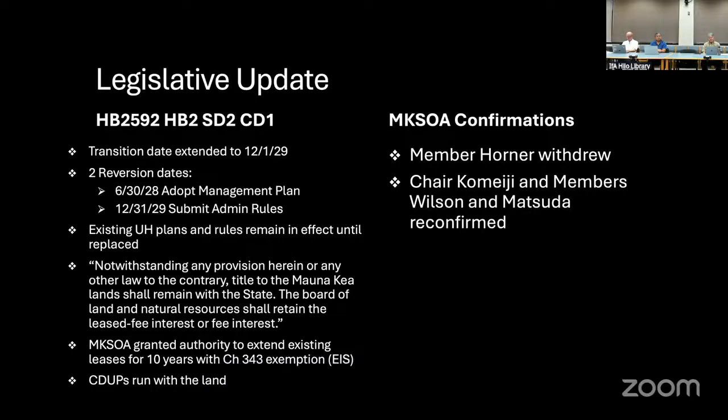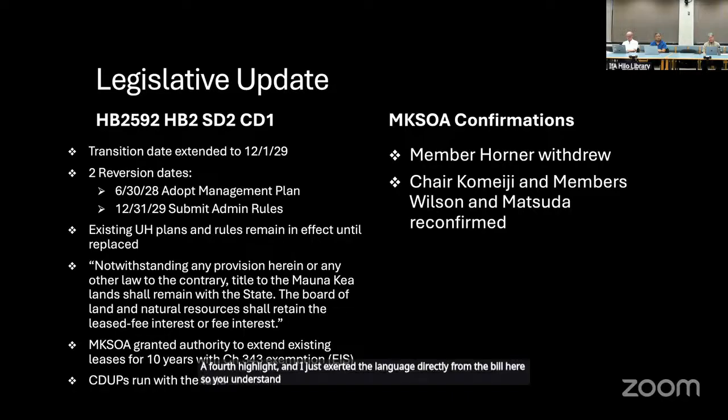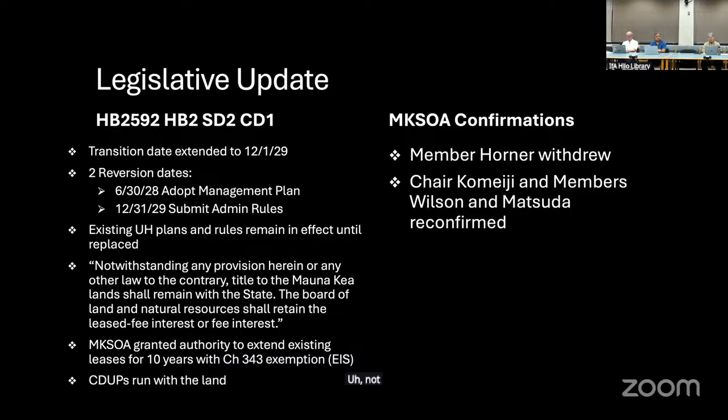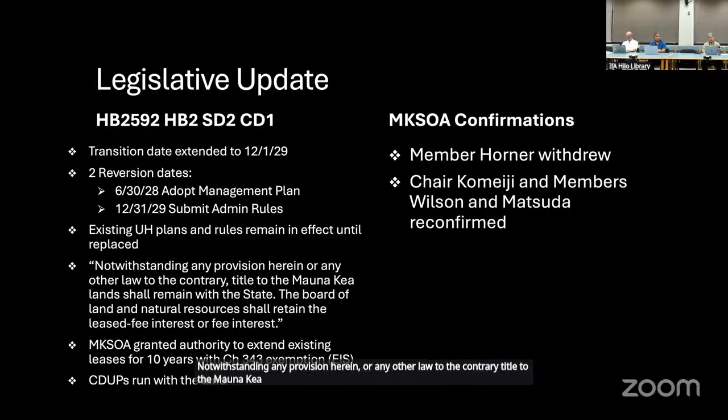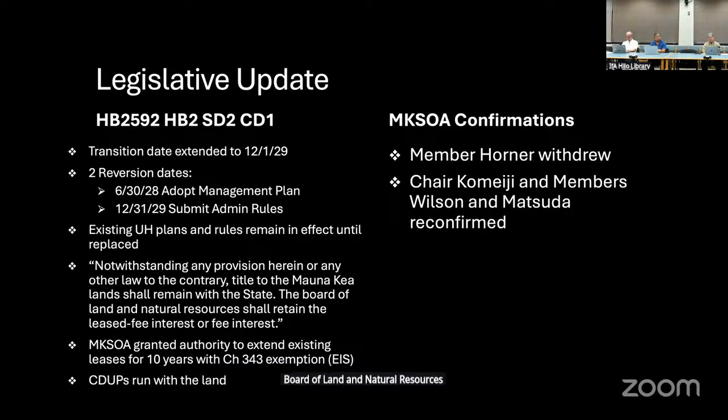A fourth highlight, and I just excerpted the language directly from the bill here so you can see what it actually says: "Notwithstanding any provision herein or any other law to the contrary, title to the Maunakea lands shall remain with the state. Board of Land and Natural Resources shall retain the leased fee interest or fee interest."